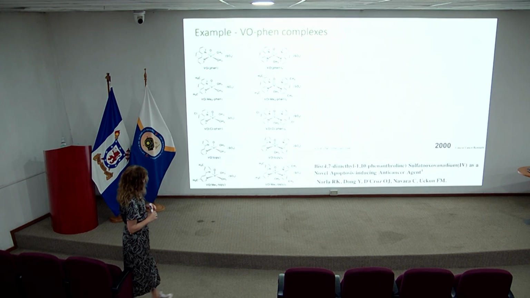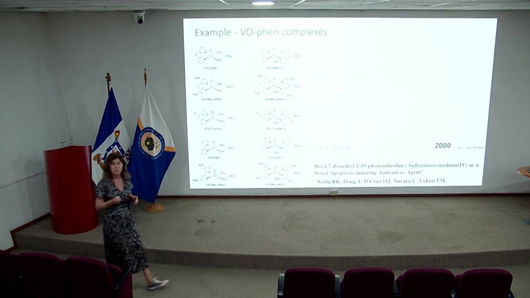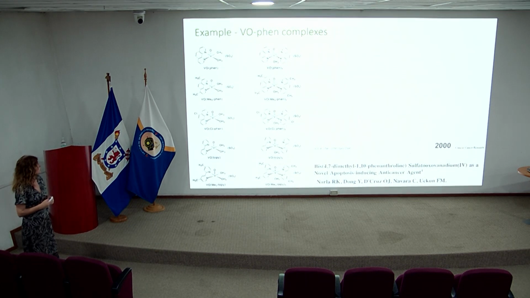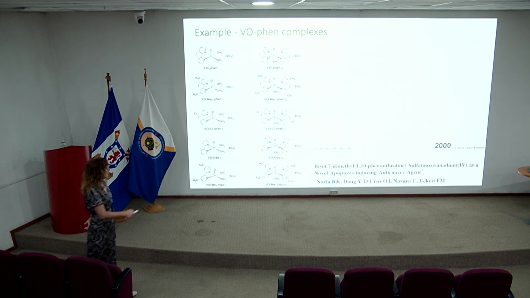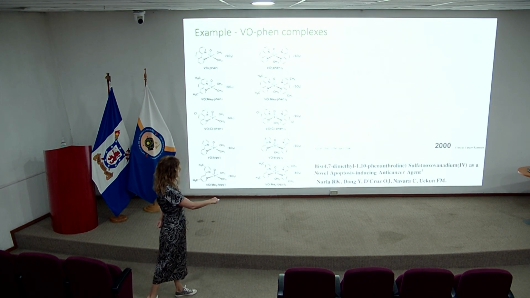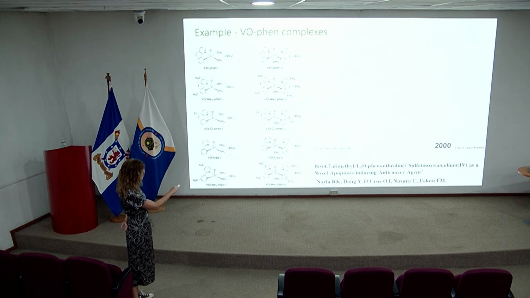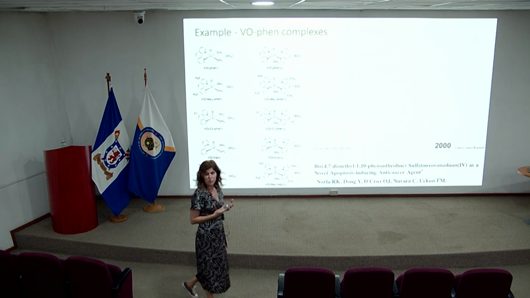So just one example, and I think some of you are interested in phenanthrolines. So these are vanadium phenanthroline complexes with different substitutions, and this was a paper published in 2000 that identified this bis(4,7-dimethyl-1,10-phenanthroline) complex, which in fact is this one, as a novel apoptosis-inducing anticancer agent.